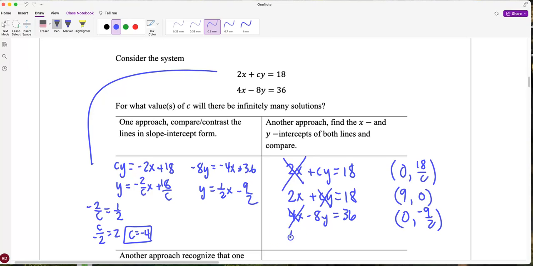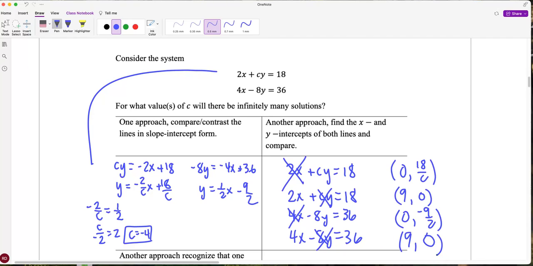And then 4x minus 8y equals 36. If y is equal to 0, then it goes through 9, 0, right?